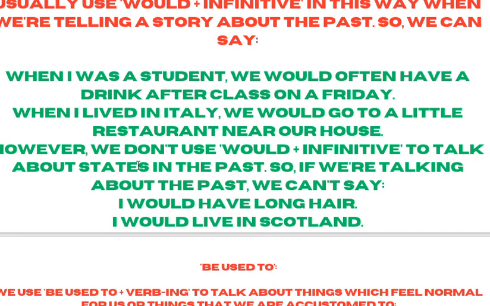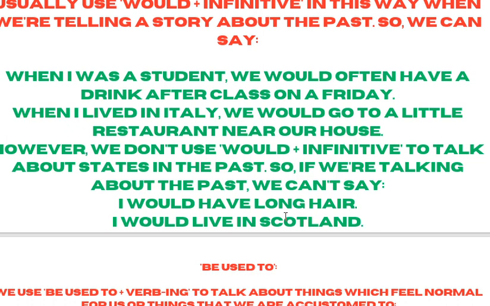However, we don't use would plus infinitive to talk about states in the past. So, if we are talking about the past, we can't say I would have long hair. I would live in Scotland.